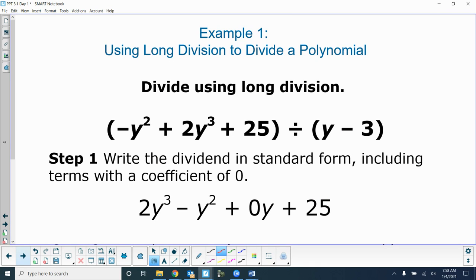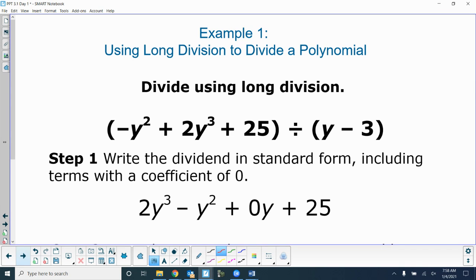What do I got to do first? I see a negative y squared, a y cubed, then the 25. What did they do down here? First of all, put it in the correct order, right? From highest exponent down to the constant. We also have to add the 0y.